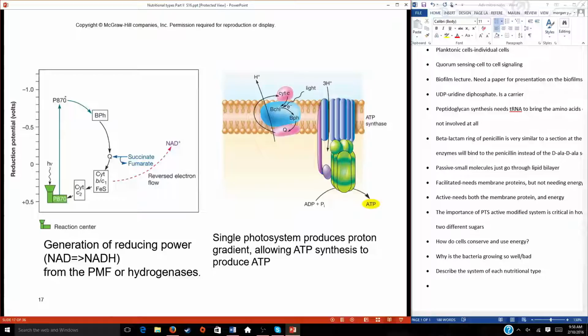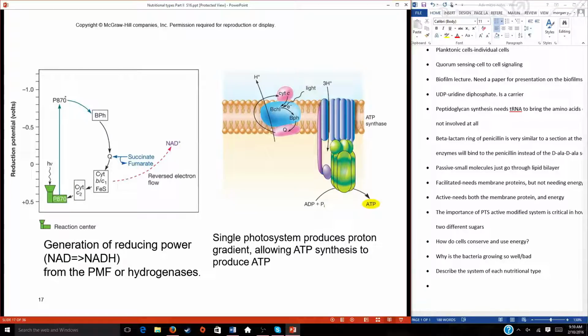But what's interesting about that is because it's a one system, one of the unfortunate events of this is that there isn't really anything built in the system that allows it to produce a reducing power following the normal flow of electrons. And that's hence that little arrow saying, okay, what is this reverse electron flow?